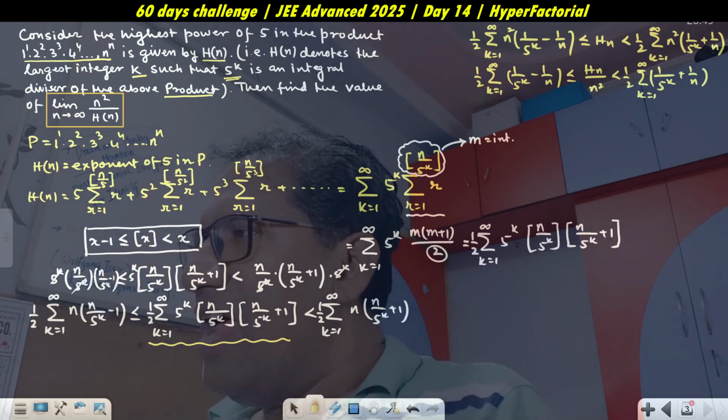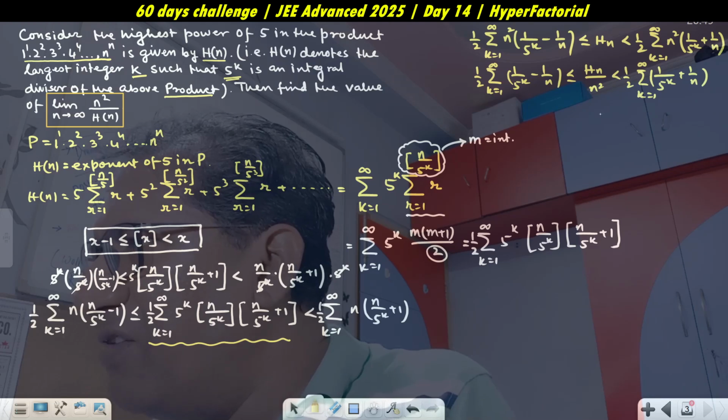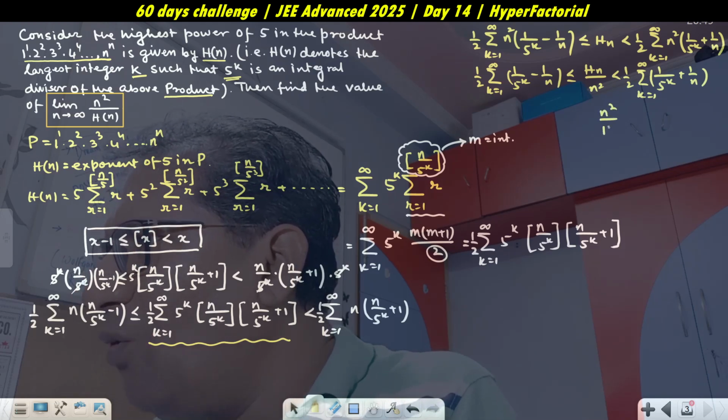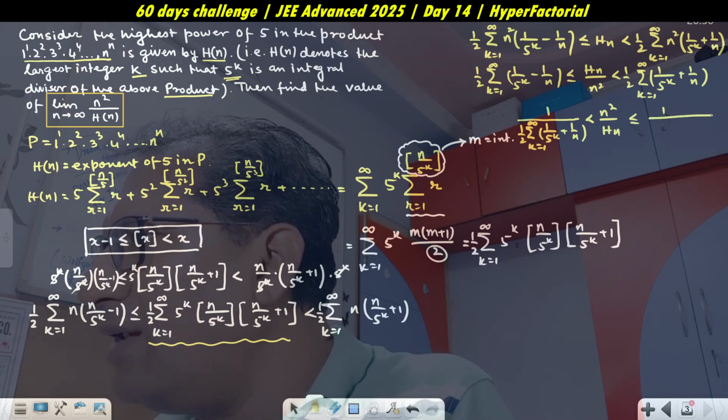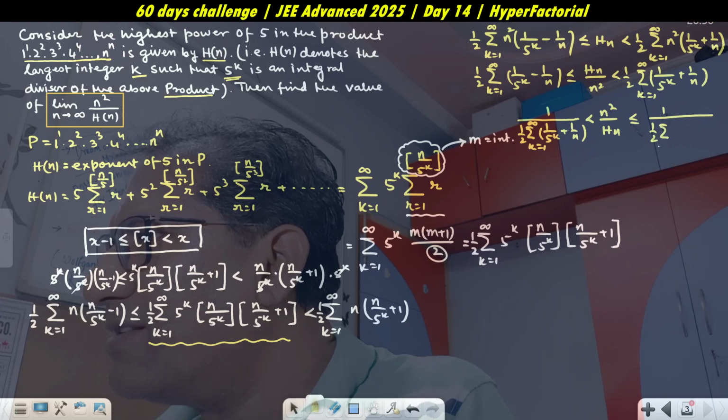Am I correct? Now if I reverse this, n square over Hn will be greater than 1 over half sigma k from 1 till infinity 1 over 5 to the power k plus 1 over n, and less than or equal to 1 over half sigma k from 1 till infinity 1 over 5 to the power k minus 1 over n.